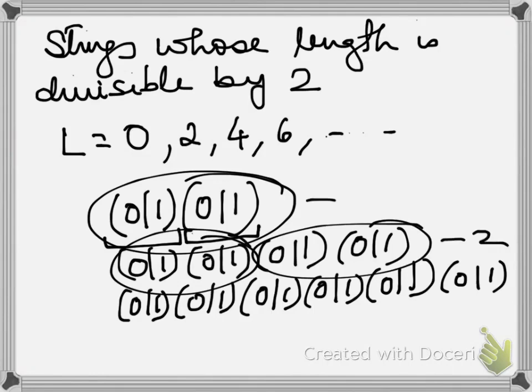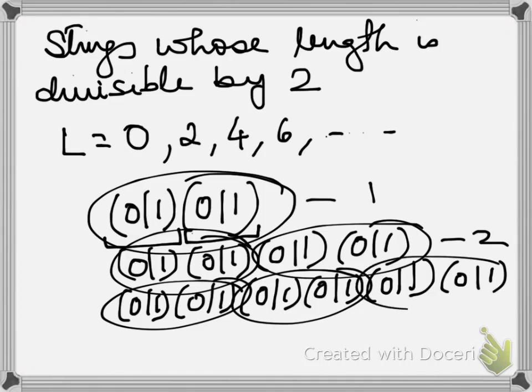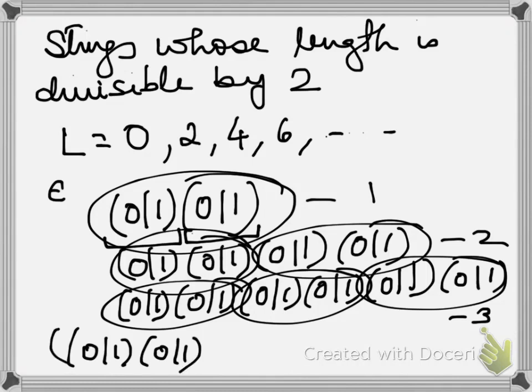Here it is repeated once. Here it is repeated 3 times. And if it is not repeated at all, I get epsilon, that is a string of length 0. So can I write it as (0 or 1)(0 or 1), this whole thing star?